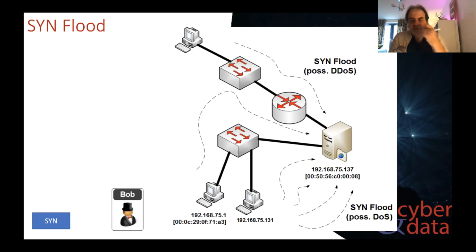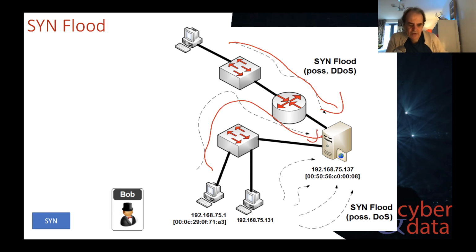Finally, there's a SYN flood, and a SYN flood can be seen as a denial of service. In this case, we'll get lots of connections to a host, which will reduce its performance, and it may be that certain connections will be blocked because the server is trying to cope with all the connections that are involved with the denial of service.